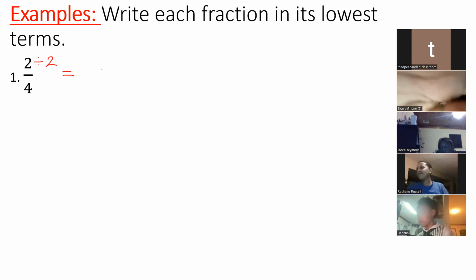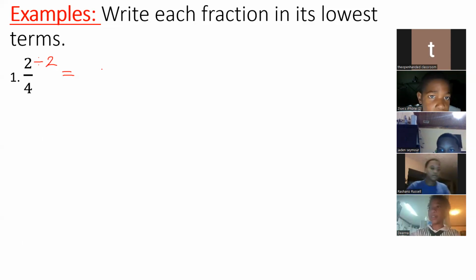Anyone want to help him? 1. 2 divided by 2 is 1. All right, so you divide 2 by 2 and that gives you 1. And then now we have 4 divided by 2. So we're going to divide top and bottom by 2.